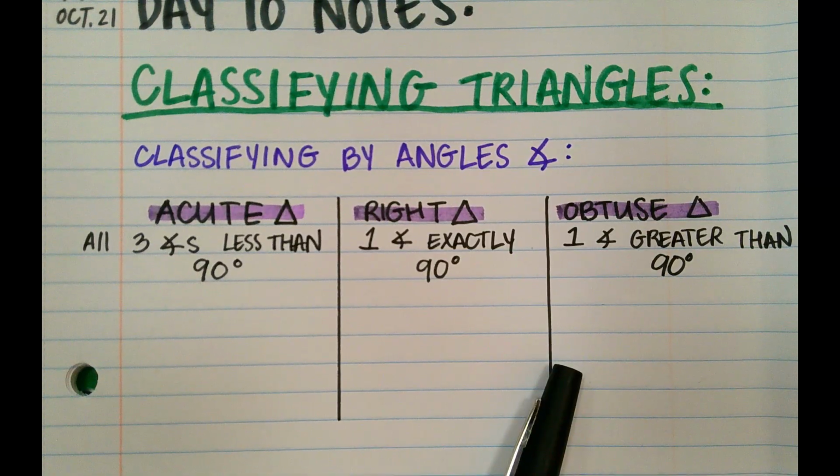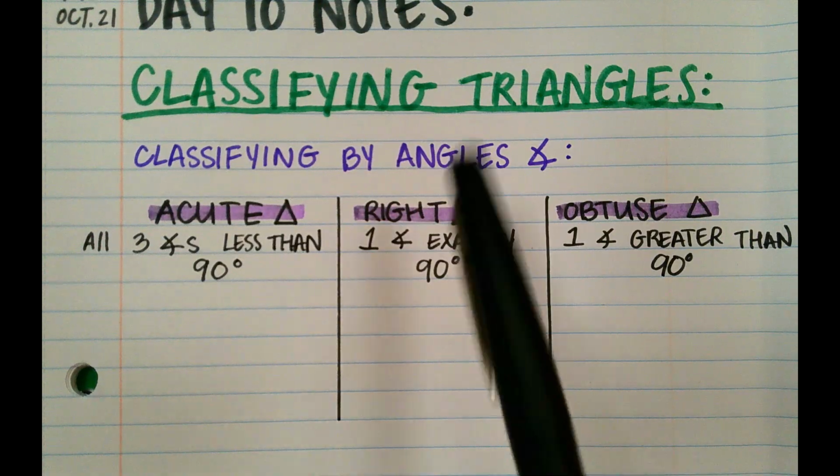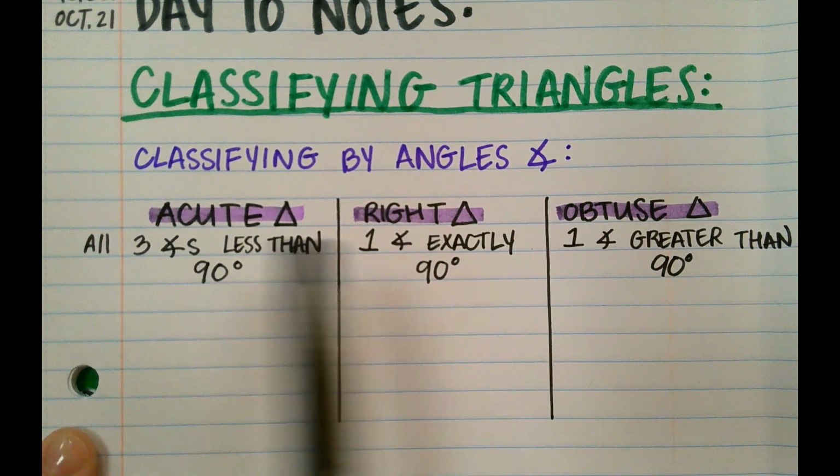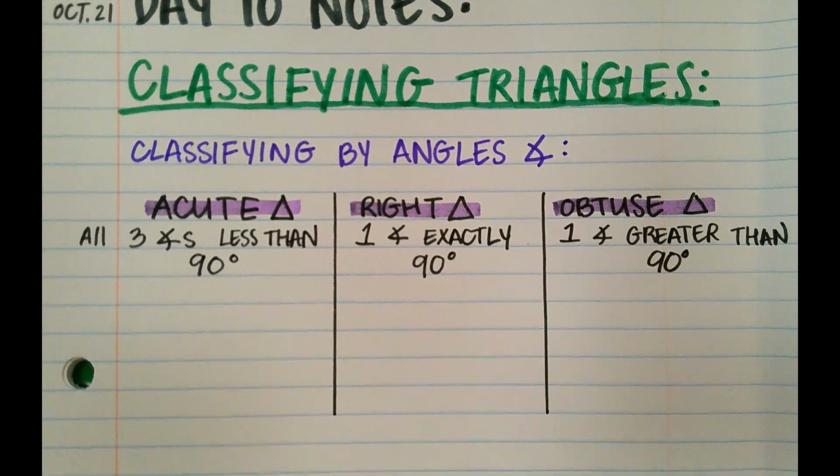It's closed off. Right. There's not enough degrees in a triangle to give us 3 angles. A triangle has 3 sides, 3 angles. If one angle is 180 degrees, we've used up all our degrees. There's no way we can put other angles in there. So these are the only 3 types we can have, just these 3.